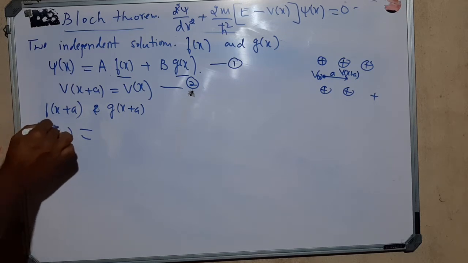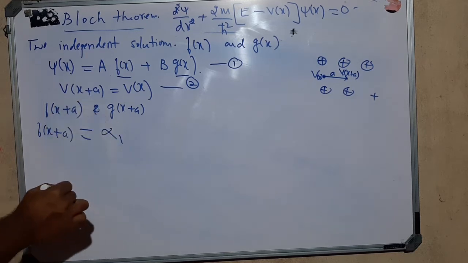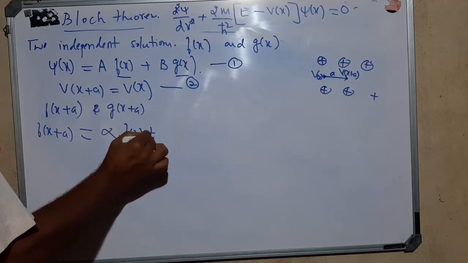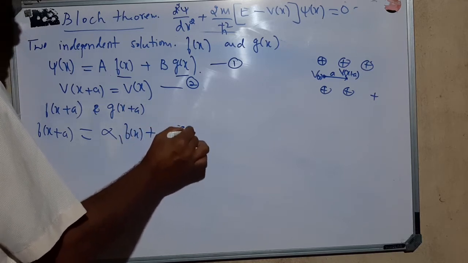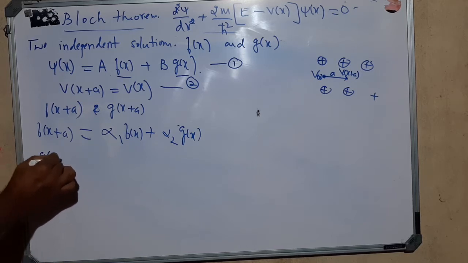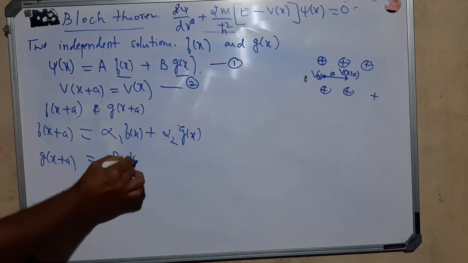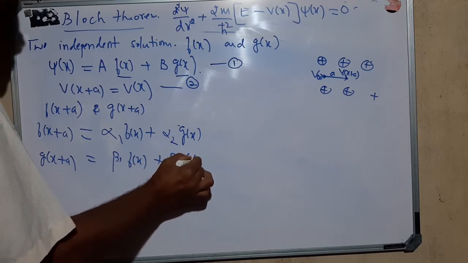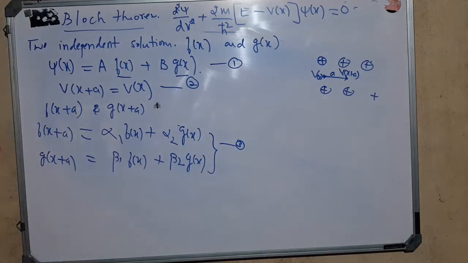That means f of x plus a is equal to some constant alpha 1 into f of x plus alpha 2 into g of x. Similarly, g of x plus a is equal to beta 1 into f of x plus beta 2 into g of x. Call this equation number 3.